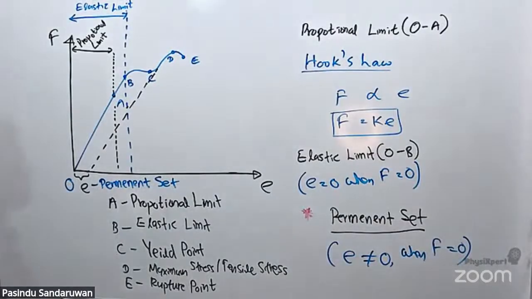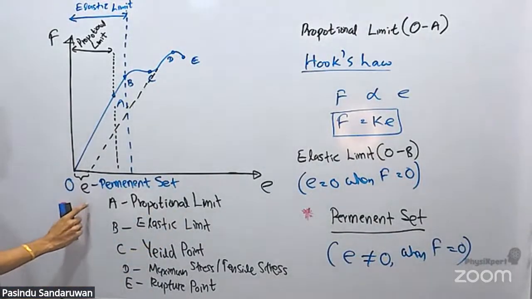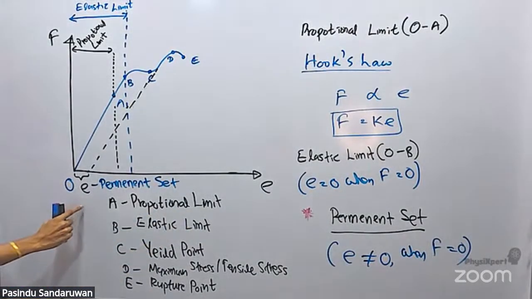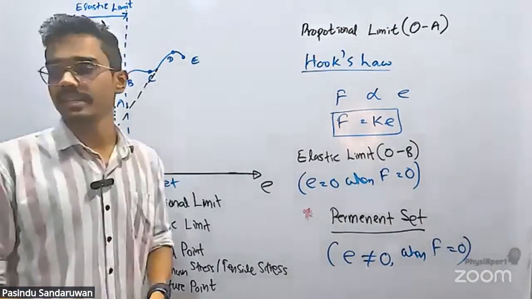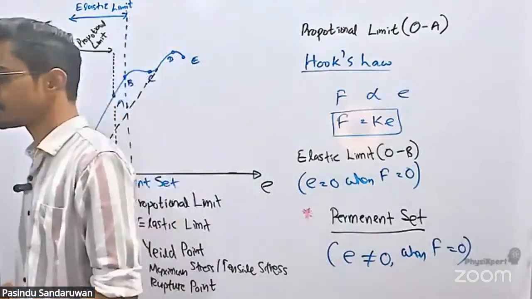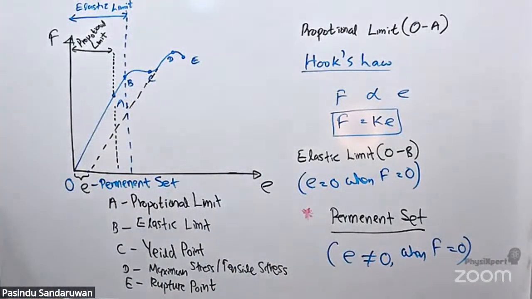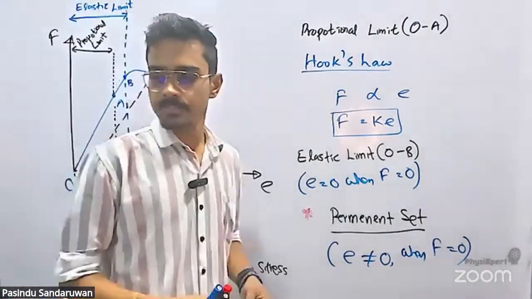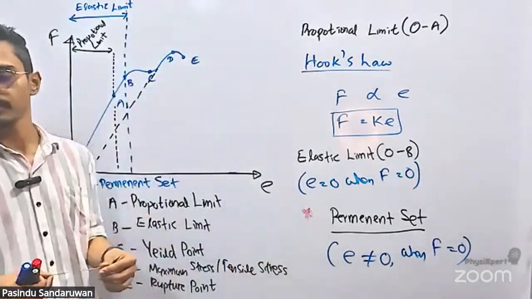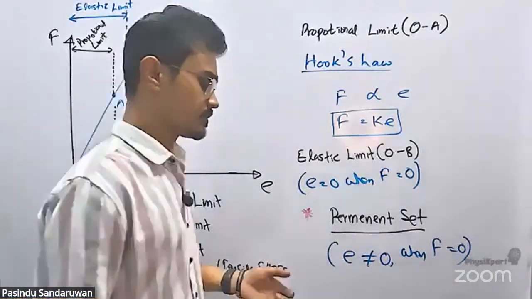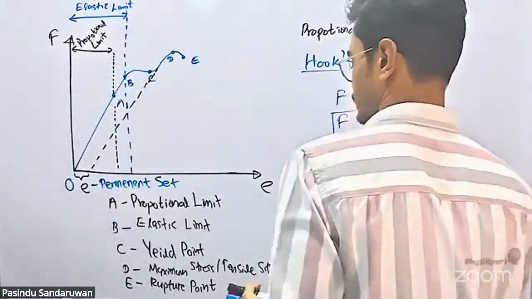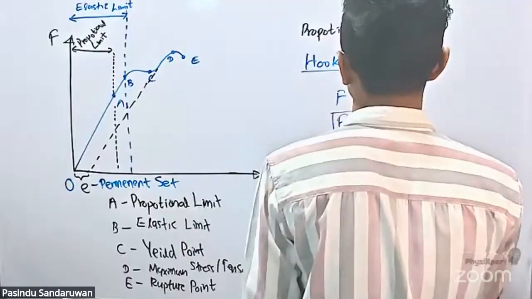Underline, no highlight, permanent set, and mark permanent set here on the graph like this.